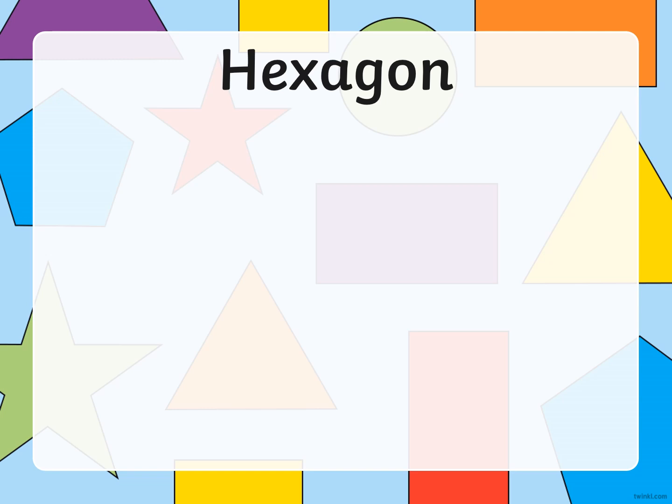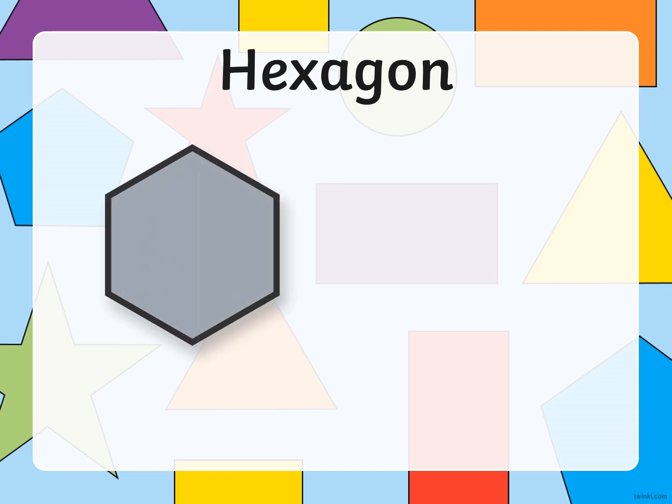What are the properties of a hexagon? Okay, guys, I'm going to show you now. Now, this is a hexagon. So, I wonder if you can find the properties now by looking at the shape. Find out how many sides it has. Are the sides straight or curved? And how many corners does it have, if it has any?